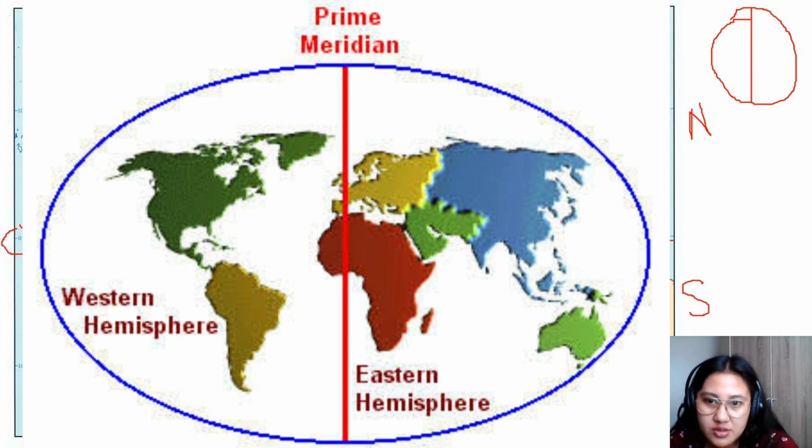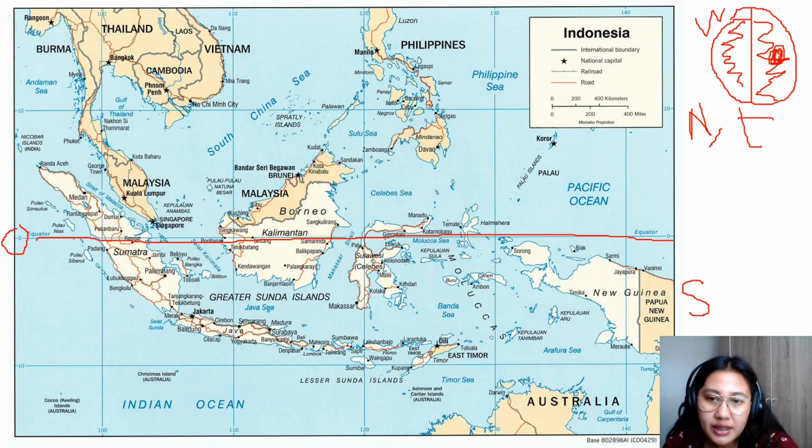So, lahat ng nandito sa part na to, yan yung ating east. At lahat ng nandito naman sa kabilang side, lahat naman yung nasa west. So, since ang Philippines, alam natin na nandito siya sa right side, ibig sabihin, ang magiging coordinates natin dyan is north and east. Dahil ang Pilipinas ay nasa taas ng equator at nandito naman siya sa kanang bahagi, ibig sabihin nasa east part siya.